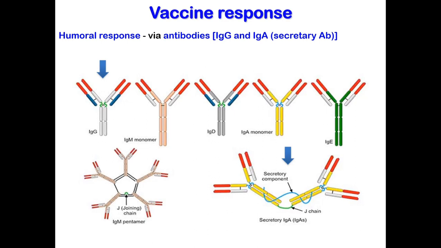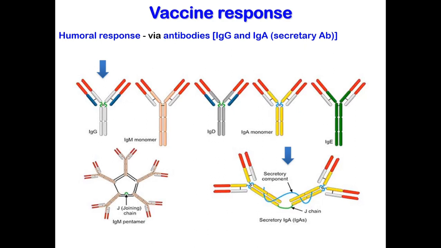IgAs we're going to talk about in more detail later on, because these are involved in mucosal immunity. These IgAs are mainly found in saliva, tears, breast milk, and mucus secretions of the gastrointestinal, respiratory, and genitourinary tracts. These body fluids coat and protect the extensive mucosa, so that's why the IgAs are involved in mucosal immunity.